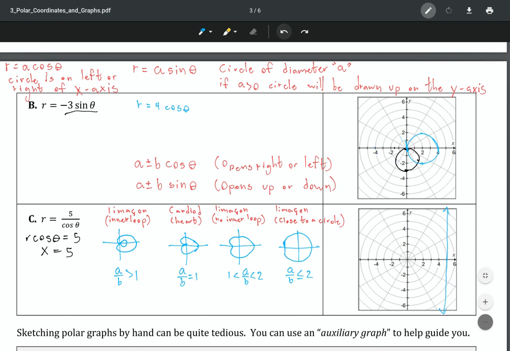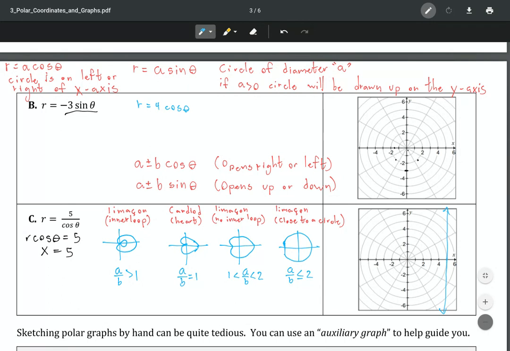Now, if the sine that I have right here had been a positive 3 sine, then it would have been a circle of diameter 3. I think I keep saying radius, and I apologize for that. It would have been above the x-axis, so it would have been up here, essentially.